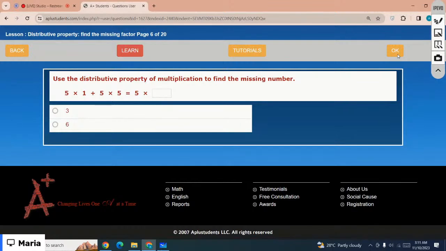So which number is missing? 3 is missing. 3 or 6? How 3?